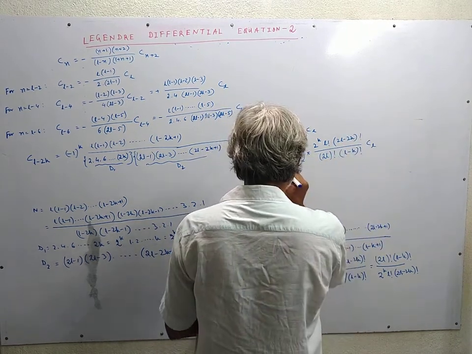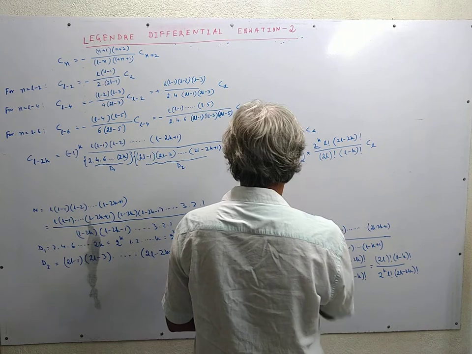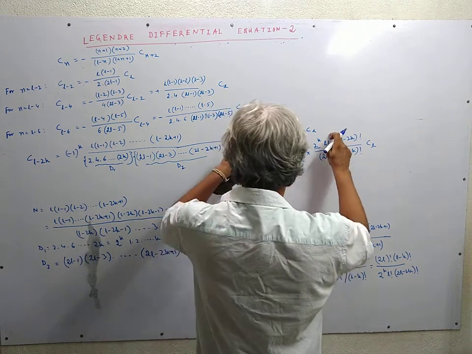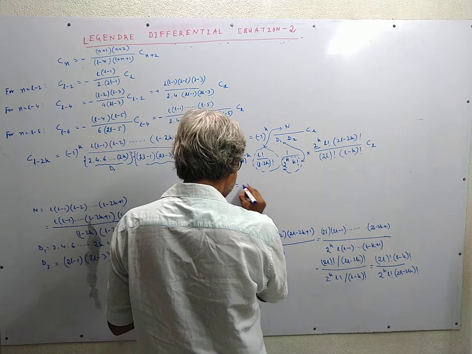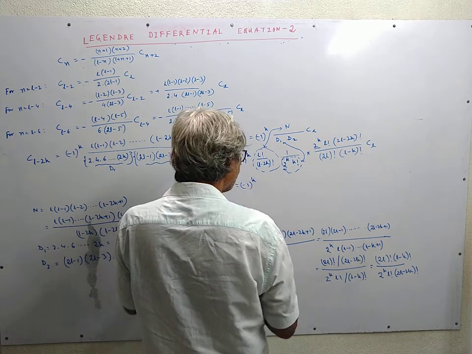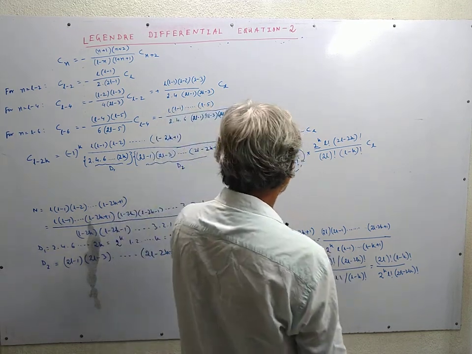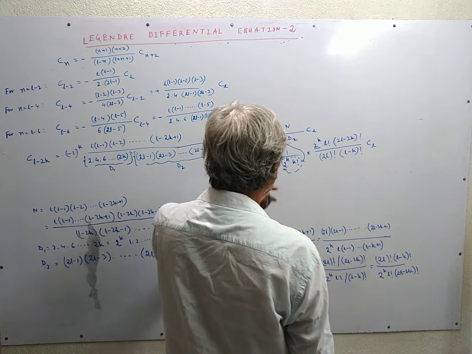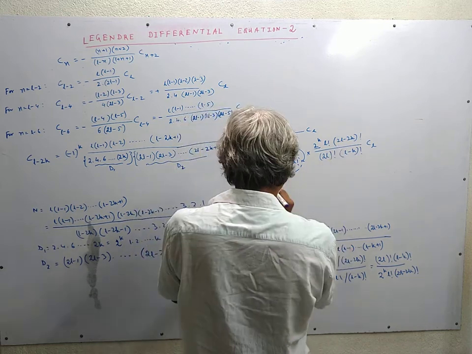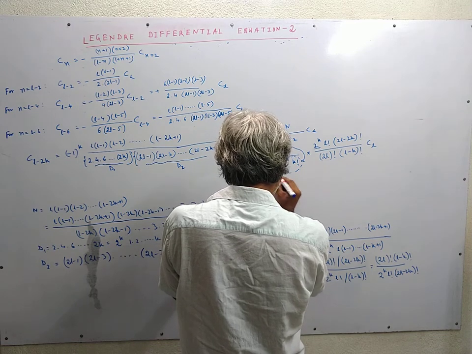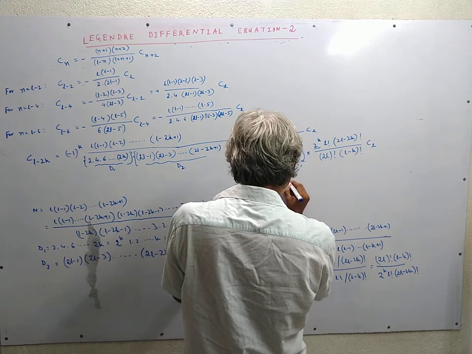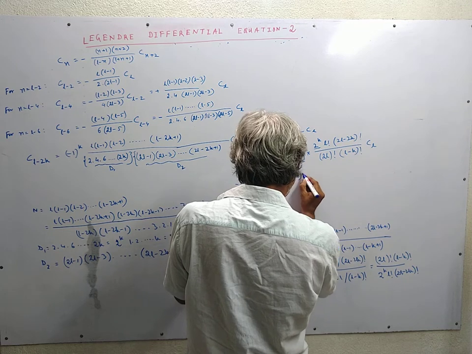So the term that cancels out, this cancels out. This is L factorial square. 2 to the power k gets cancelled. So in the numerator we will have L factorial square times 2L minus 2k factorial.